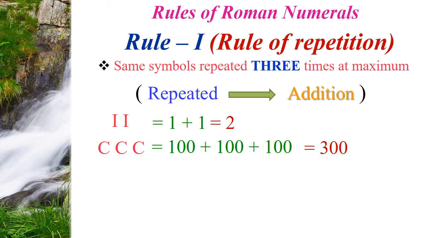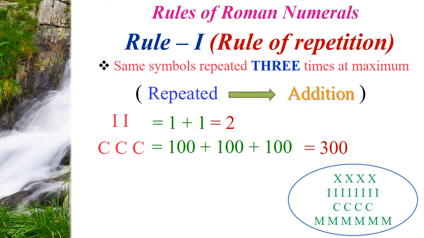Look at children, here I is repeated 2 times, C repeated 3 times. That is, each symbol is repeated 3 times at maximum, but never more than 3 times.